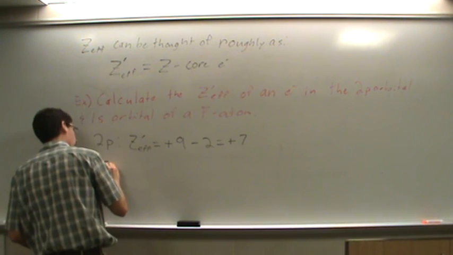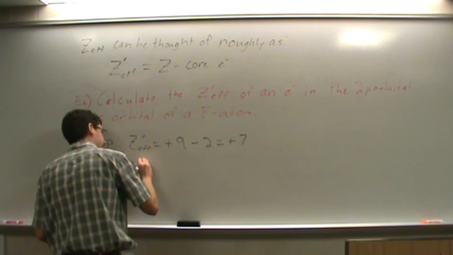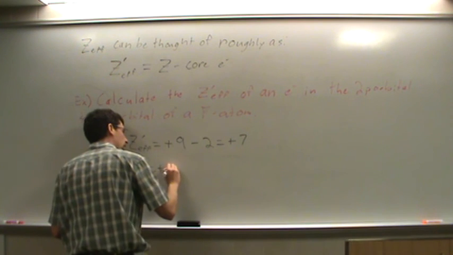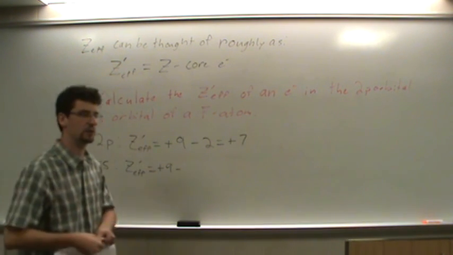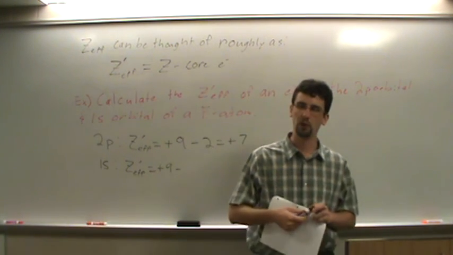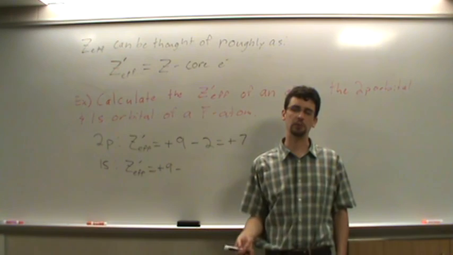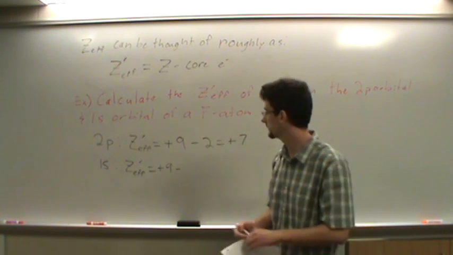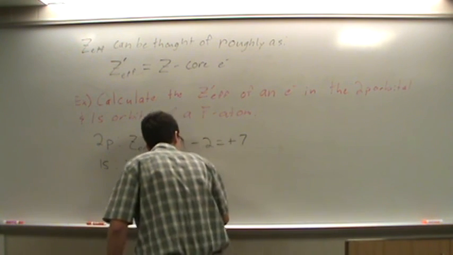Then let's consider the 1s. Z effective prime is going to be equal to, again, that +9 minus the core electrons, or the ones that are deeper than the 1s. Unfortunately for fluorine, there aren't any electrons that are deeper than the 1s. So the number of core electrons for a 1s would be 0.